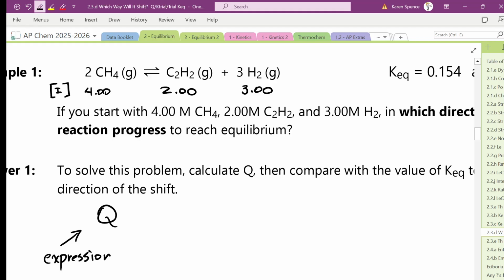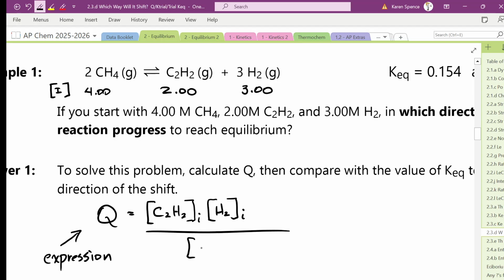How do you write a Q expression? Exactly the same as a Keq expression. I would probably label them as I, just for completeness. So I do C2H2 with an I, and then H2 with an I over CH4 squared with an I. Oh, and the H2 is cubed, right?